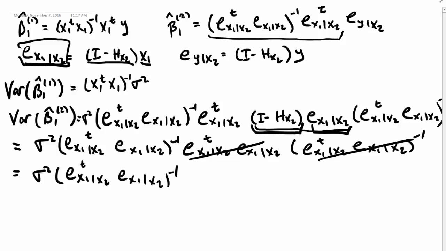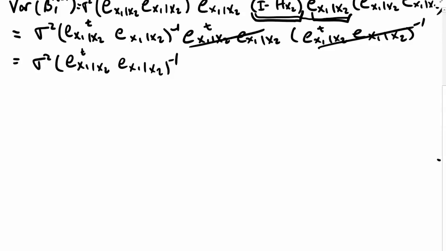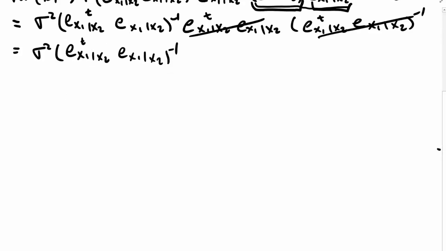I'm going to need some more room. Now let me write out, for a particular linear combination of the betas, the variance of Q transpose beta 1 hat fit under model 2.